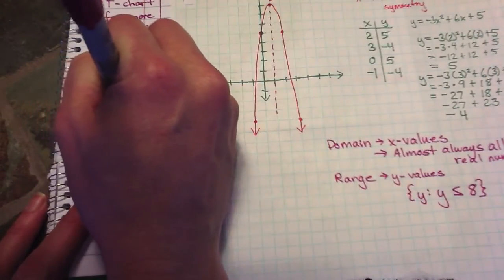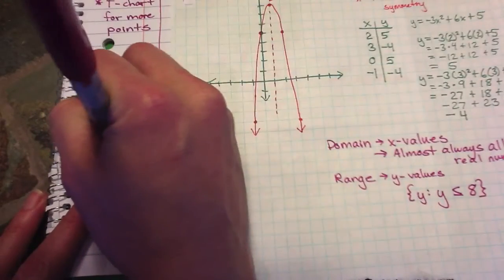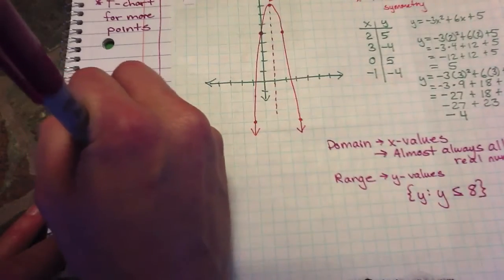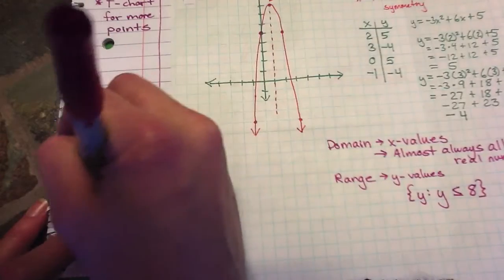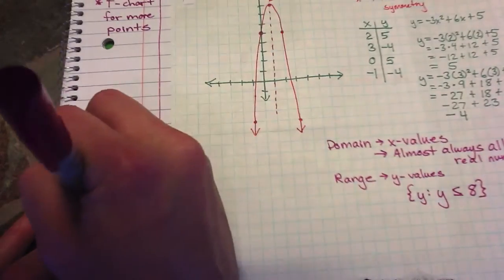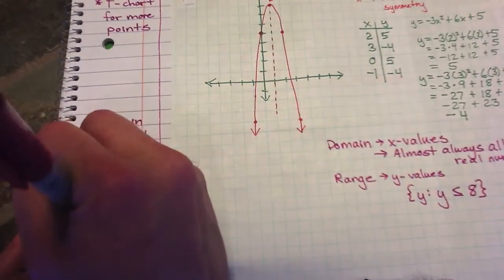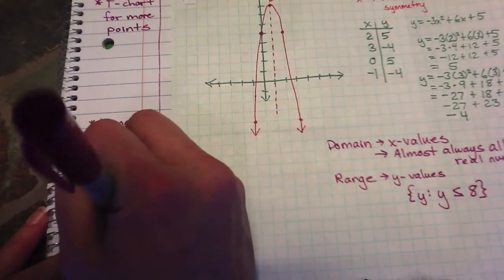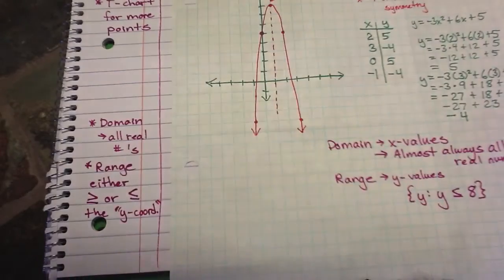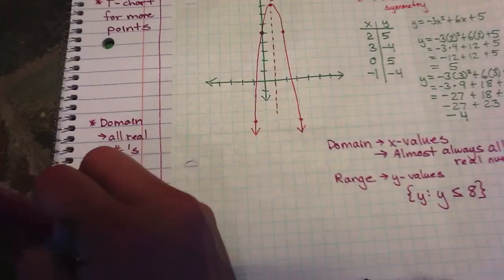Domain, all real numbers, range is either greater than or equal to or less than or equal to the y coordinate of the vertex.